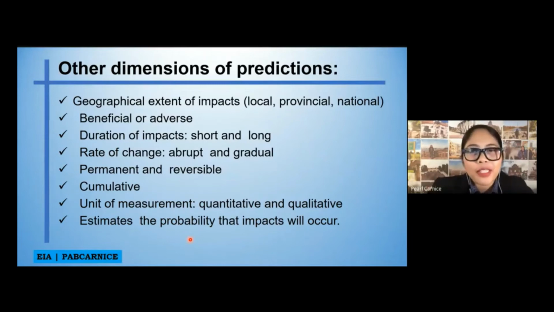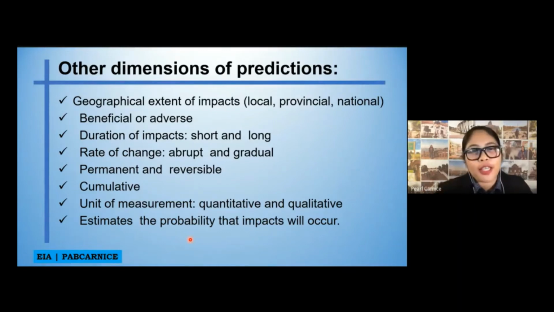When we say estimates the probability that impacts will occur, then we will be using a probability index, or we can actually use a statistical model for that, as to the probability index of a certain effect, not effect, I should use the word impact.